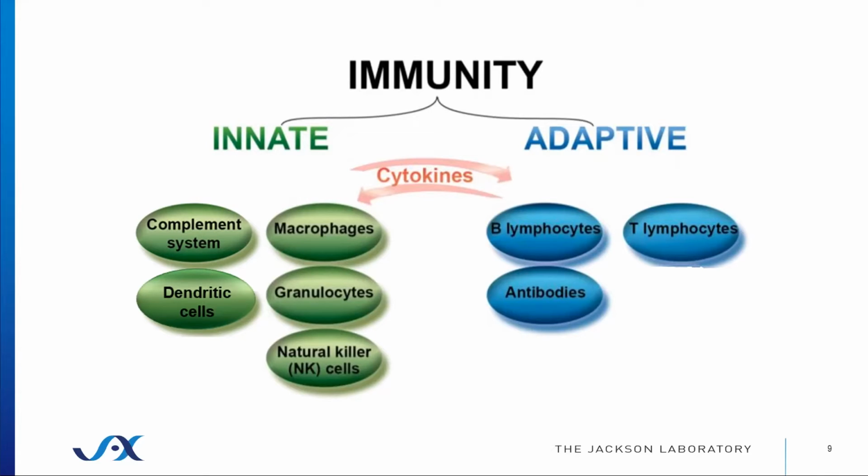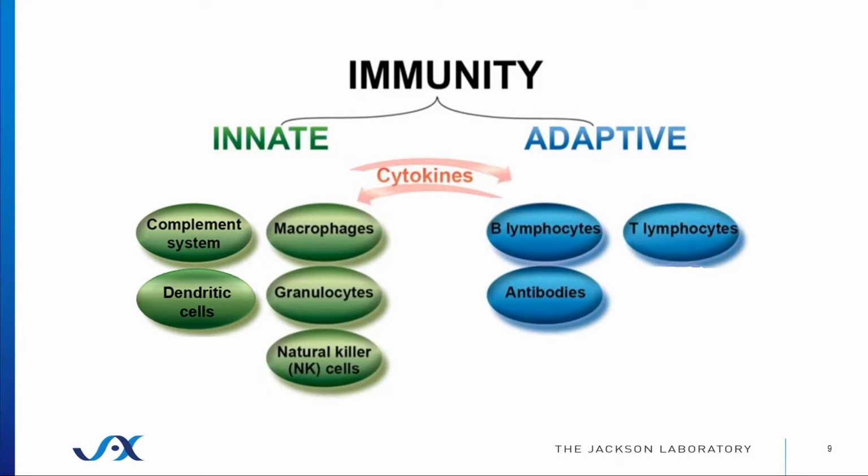It contains various components that are hardwired to recognize and respond to diverse pathogens. Innate immunity includes the complement system, which is involved in lysing pathogenic bacteria and cells bound by antibodies. Macrophages engulf dead and dying cells. Granulocytes participate in allergic and inflammatory responses. Natural killer cells are a population of cytotoxic cells that can identify and kill pathogen-infected cells and tumor cells.